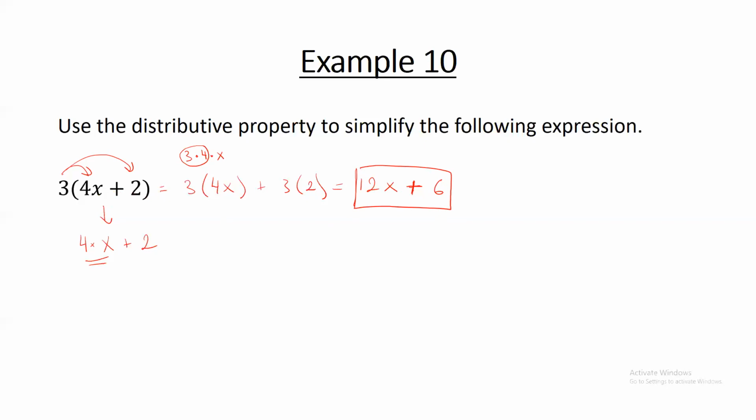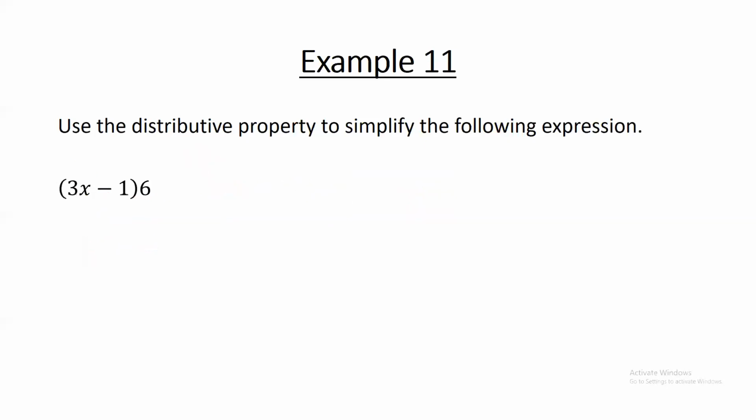Let's take a look at the next example. (3x minus 1) times 6. Remember that it doesn't matter whether 6 is in the front or in the back because it's multiplication and the order doesn't matter. So we can distribute: 6 times 3x minus 6 times 1.